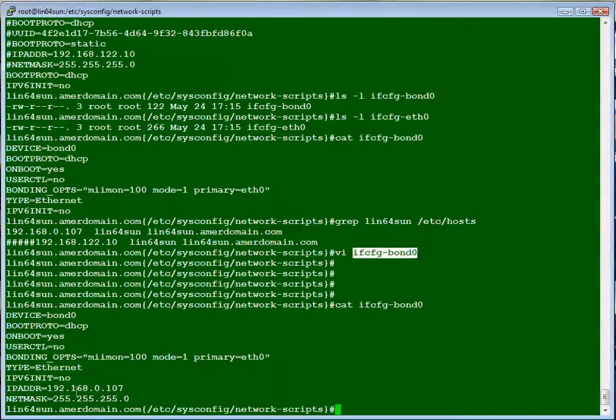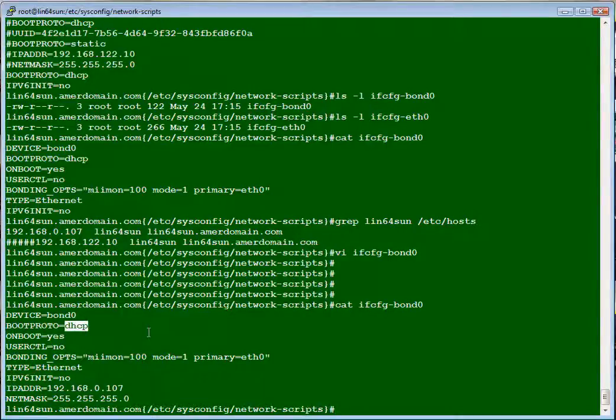Its IP address we have mentioned here. Most of the times the IP addresses are static, but in this case it is set to DHCP, dynamic host configuration.